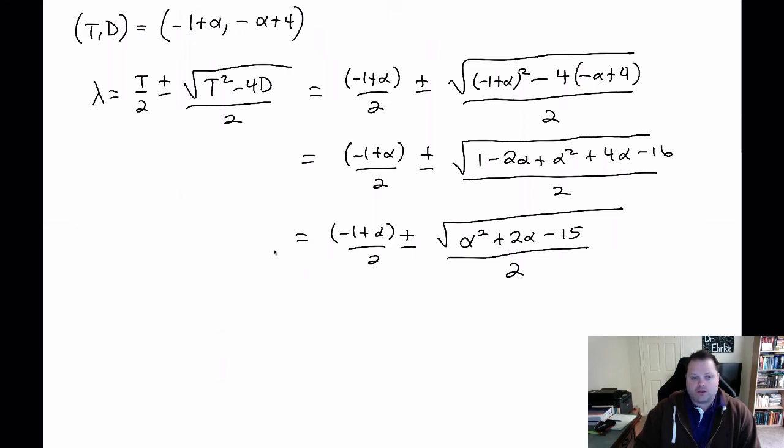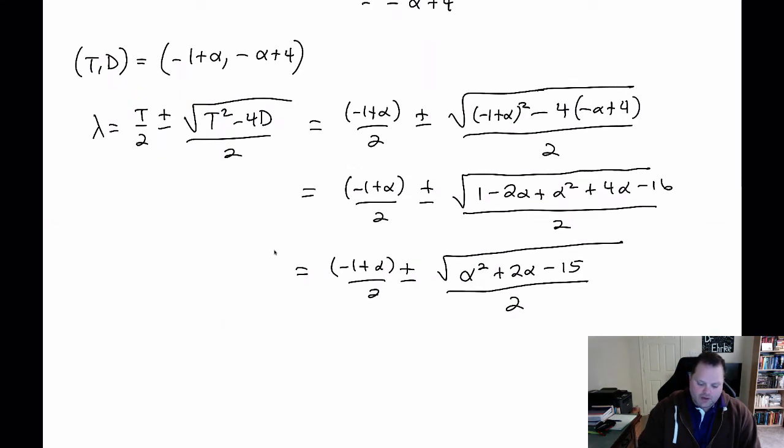Let's start with, to me, one of the more interesting points here, when you have a trace of 0. So your trace is 0 whenever alpha is 1. Do we see that? Now, if we think about the trace determinant plane, having a trace of 0 means that you are on the vertical axis.